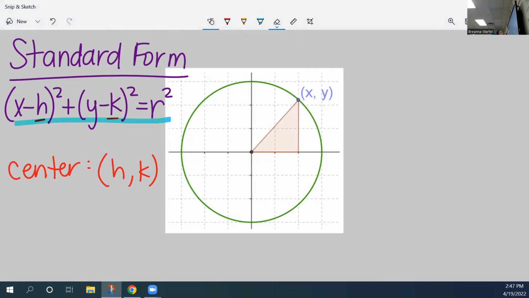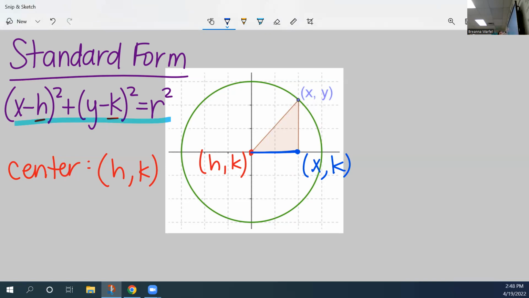So let's backtrack. If the center point is h, comma k, then we have to figure out how to find that part of the circle. If we start by looking at this point right here, this point has the same x value as that point, so it's x. And then it has the same y value as this point right here, so it's k.